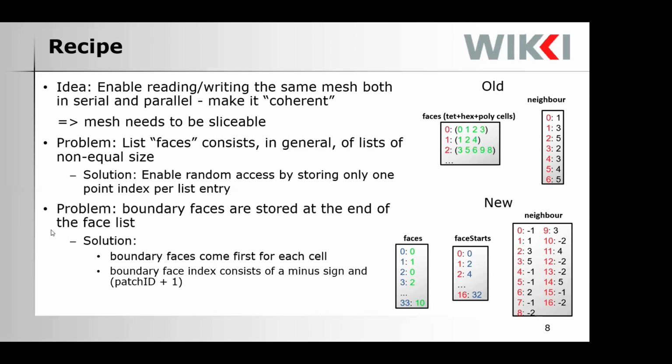So there is another problem with the boundary faces. These are stored at the end of the face list, and again, to make it sliceable, right? So we want to jump to some part, or we just want to cut one piece of our mesh, of our faces, and read it.